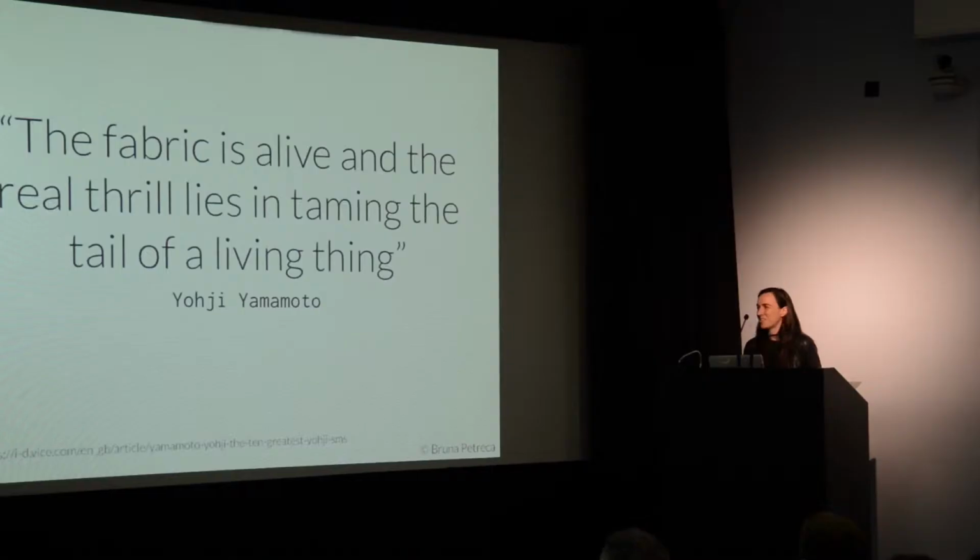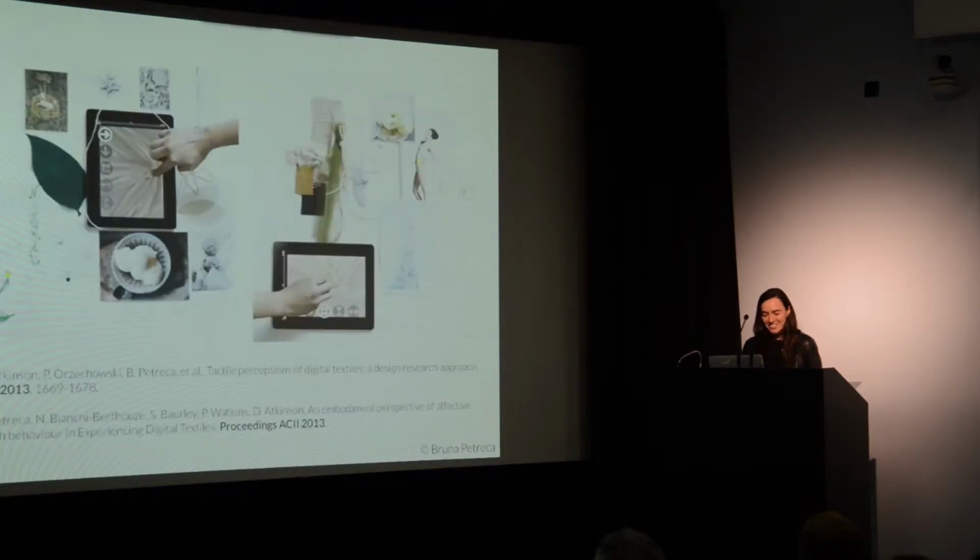I'm really happy to see some of the fashion design students here today because my research is mainly made for them. So we somehow tried to do that taming since 2009, when we were trying to find ways to communicate the multisensory properties of textiles through digital applications.